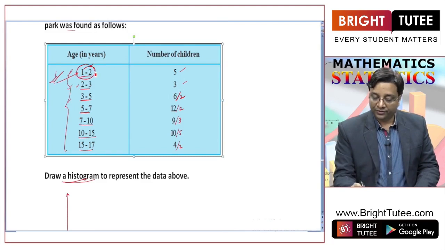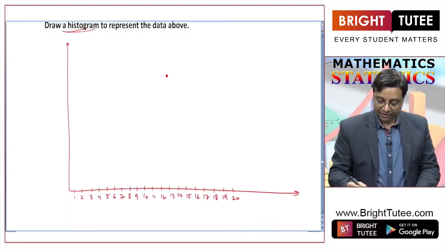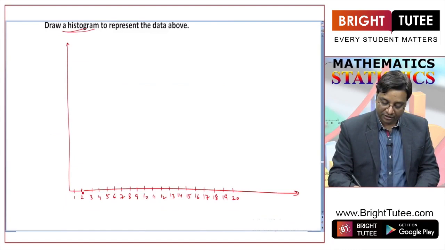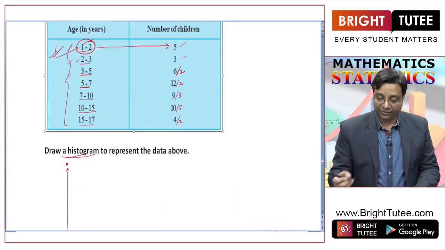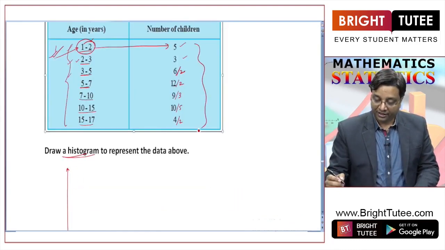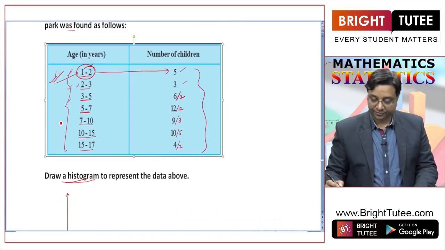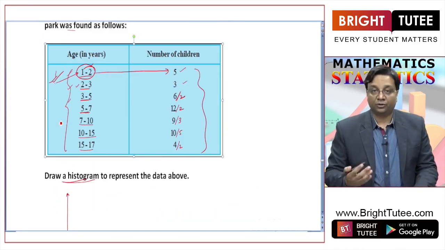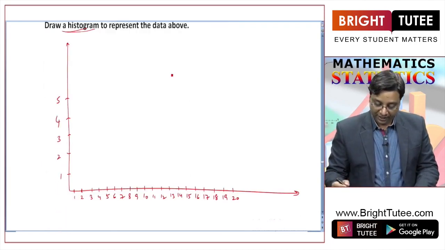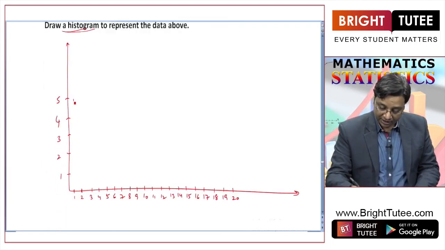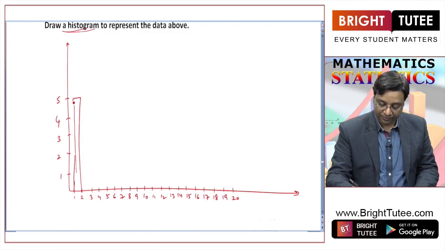So 1 to 2, it is 5. What I mean is, this is 1, this is 2. Between these, the height should be 5. So these are the heights, right? So let me take these as 1, 2, 3, 4, 5. You won't require more than 5. 1 to 2, it is 5. So the rectangular bar will be like this between 1 to 2.